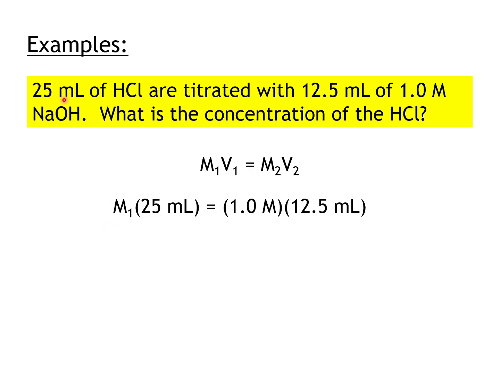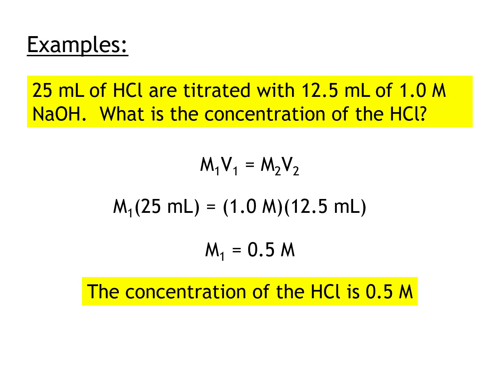We put 25 milliliters of that hydrochloric acid into the flask, so that goes down for V1. We were using 1 molar sodium hydroxide for the titration, and it took 12.5 milliliters to hit the end point, or equivalence point. So this tells us that the concentration of the hydrochloric acid was 0.5 molar.